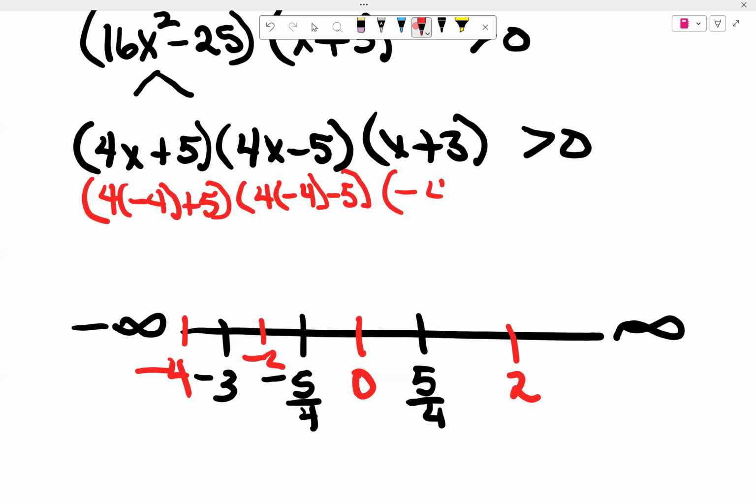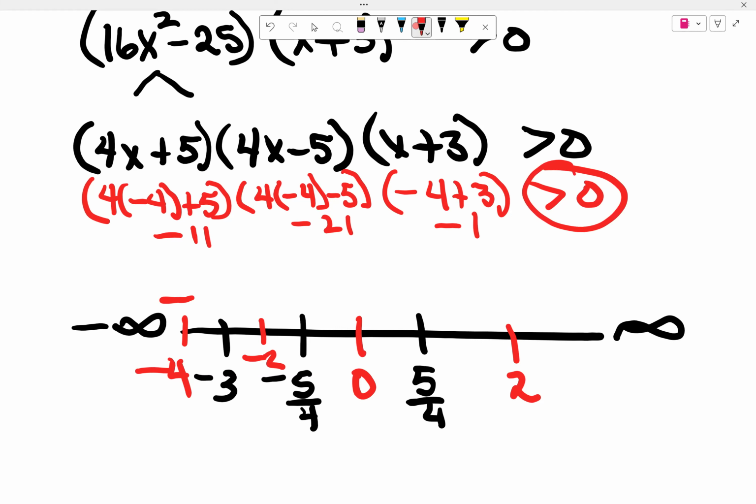And this becomes -4 plus 3. And you're trying to make this greater than 0. So this is a -1. This is -21. This is -11. So this answer is a negative answer. This is not an interval to choose because we need a positive, greater than 0.